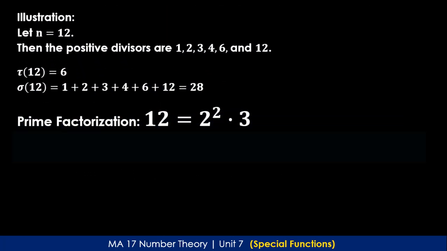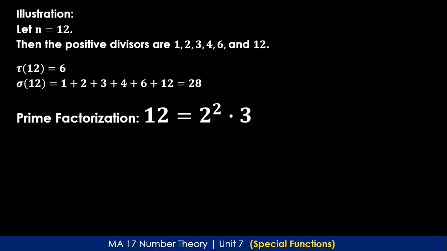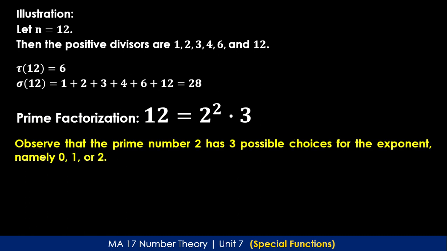Notice that the prime number 2 has three possible choices for the exponent. Namely, it could be 2 raised to 0, 2 raised to 1, or 2 raised to 2. So the exponent is either 0, 1, or 2.